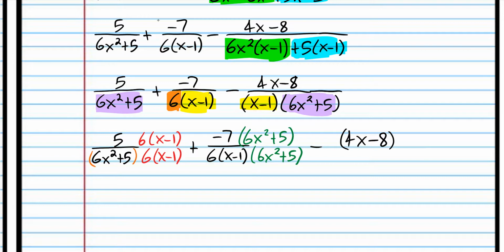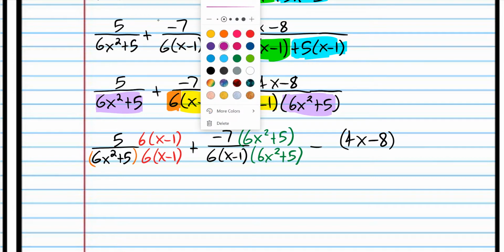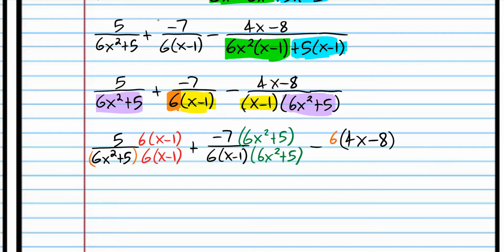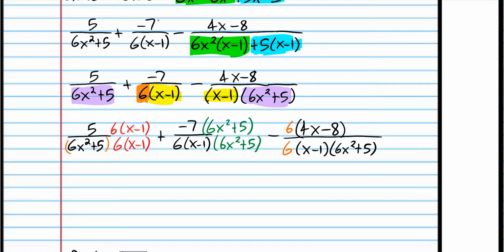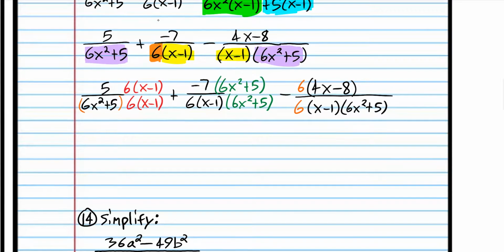And trying to figure out what color I should use. I guess orange probably would be the best, obviously. So multiplying both sides by that orange 6. And I think that's about it.